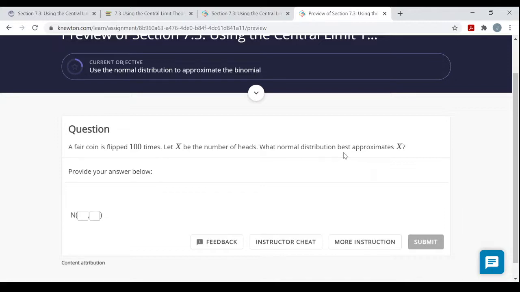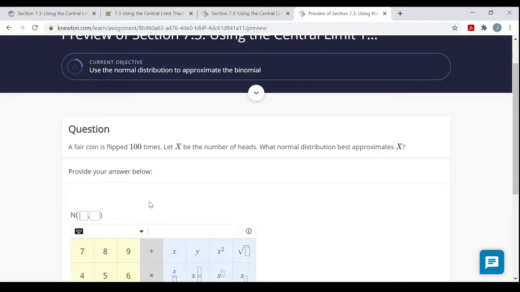What normal distribution best approximates x? So what would be the mean? Remember, that's n times p, 100 times 0.5. Well, that'd be 50. So the mean of the normal distribution, mu, is 50. And what would be the standard deviation? Remember, it's n times p times 1 minus p, and then the square root of that.